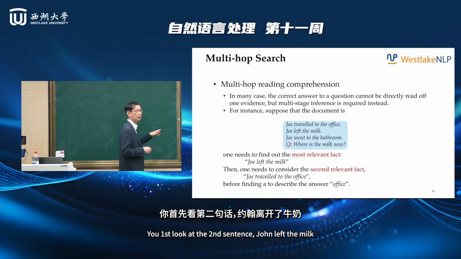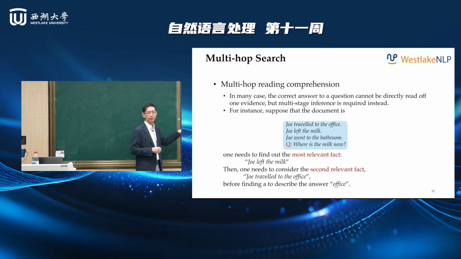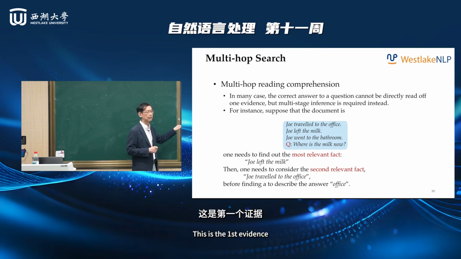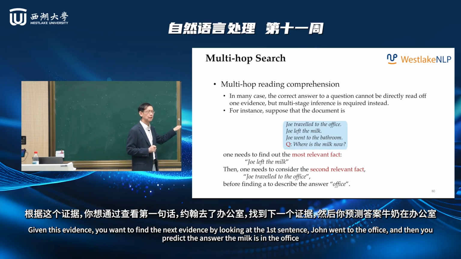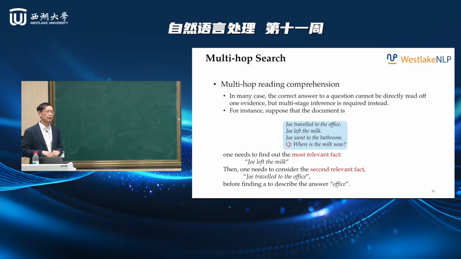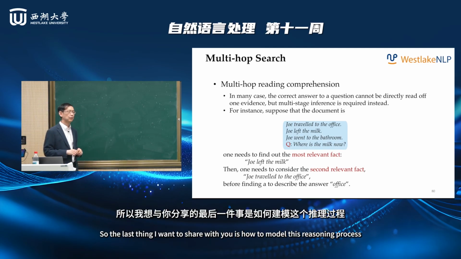You first look at the second sentence, John left the milk. This is the first evidence. And given this evidence, you want to find the next evidence by looking at the first sentence, John went to the office. And then you predict the answer. The milk is in the office. Okay? So the last thing I want to share with you is how to model this reasoning process.